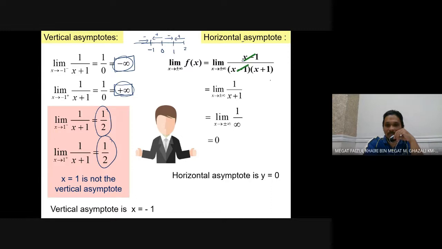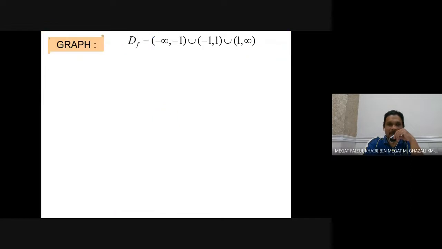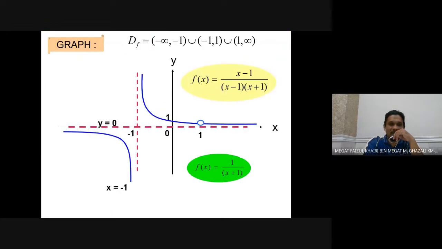So the horizontal asymptote is y equals 0. Now by sketching the graph, there is only one vertical asymptote where x equals negative 1, and one horizontal asymptote, and this is the graph f(x) equals 1 over x plus 1.